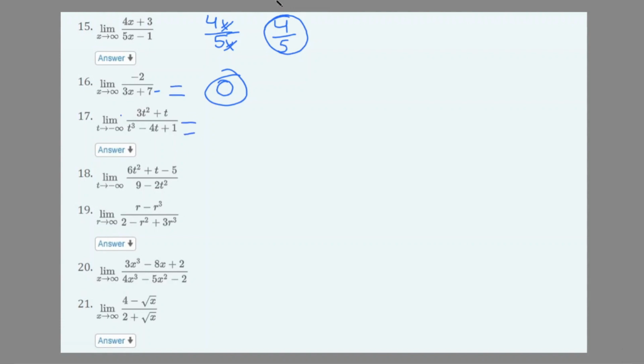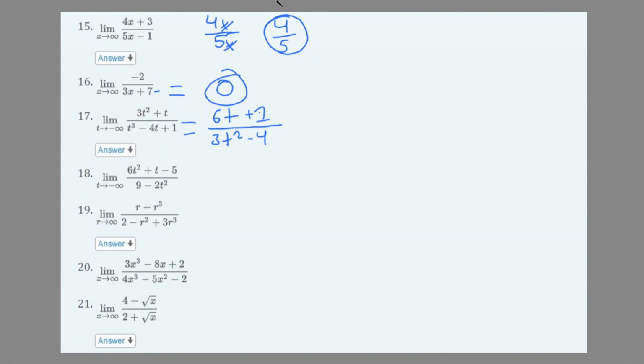So number 17 is this little equation right here. Now let's use the rule of derivatives. Let's just use a simple power rule. If we find the first derivative of the numerator, we get 6t plus 1, and on the bottom we would get 3t squared minus 4.